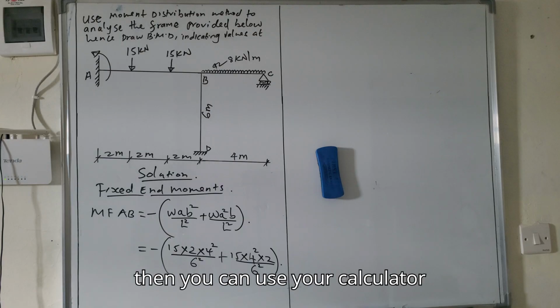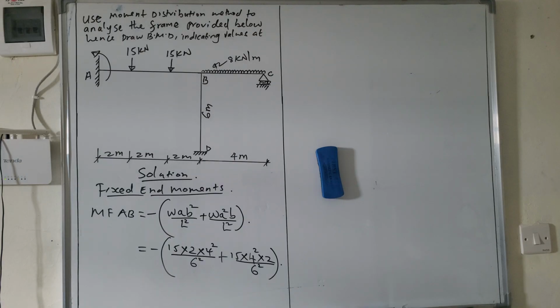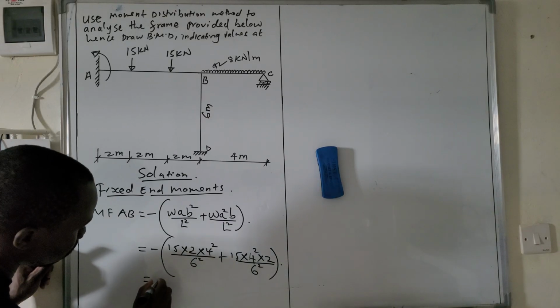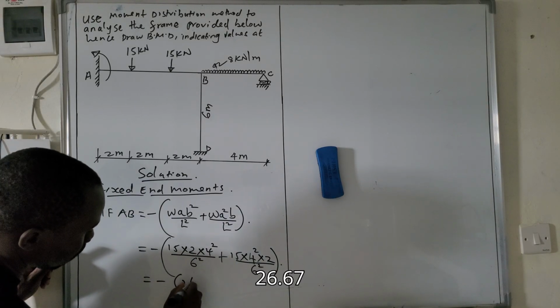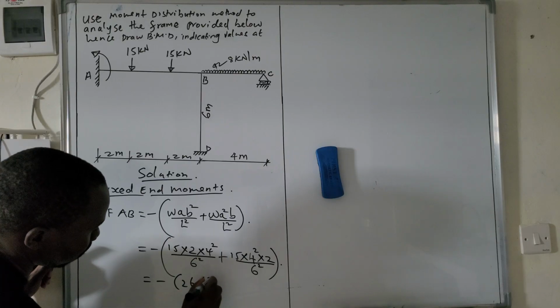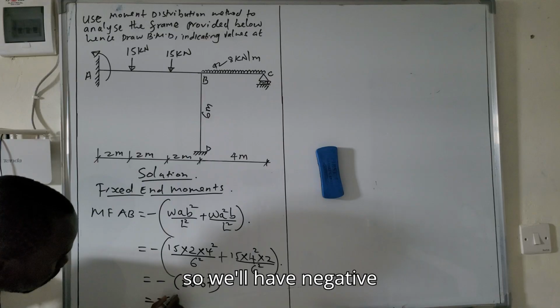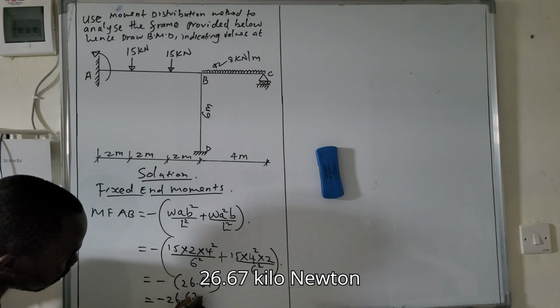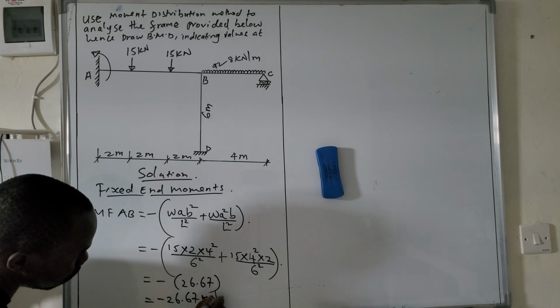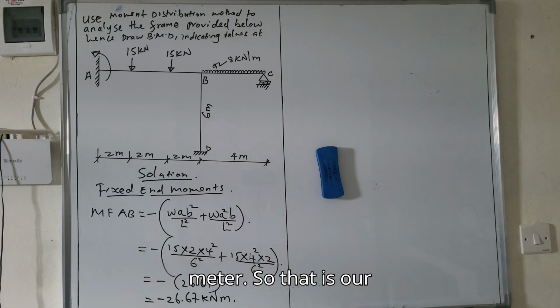And then you can use your calculator to get the final answer. The answer is 26.67. So we'll have negative 26.67 kilonewton meter. So that is our MFAB, fixed end moment AB.